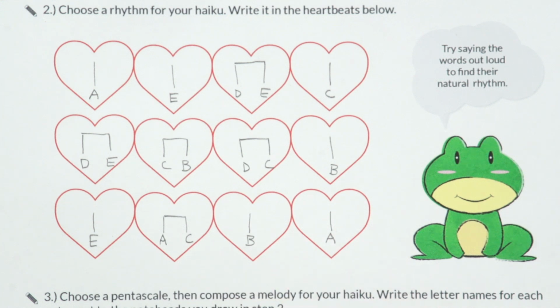E, A, C, B, A. And that's for even in summer. Now press pause, and I'd like you to come up with your own melody for your haiku. Remember, keep experimenting, try out different notes until you find exactly what you like. Once you've done that, write in the letters and then press play to go on to step 4.